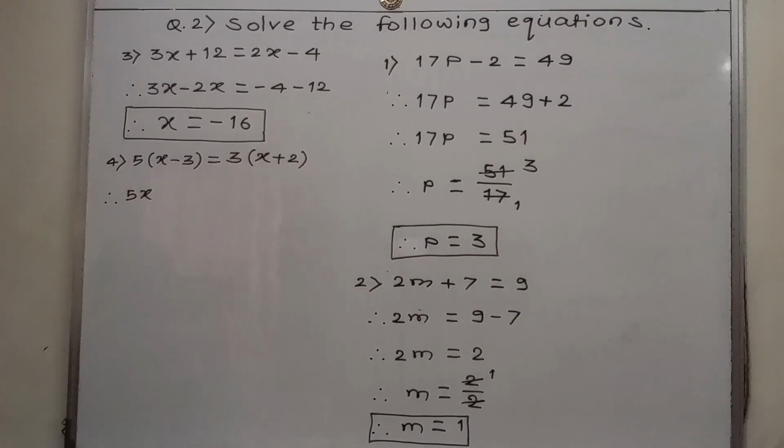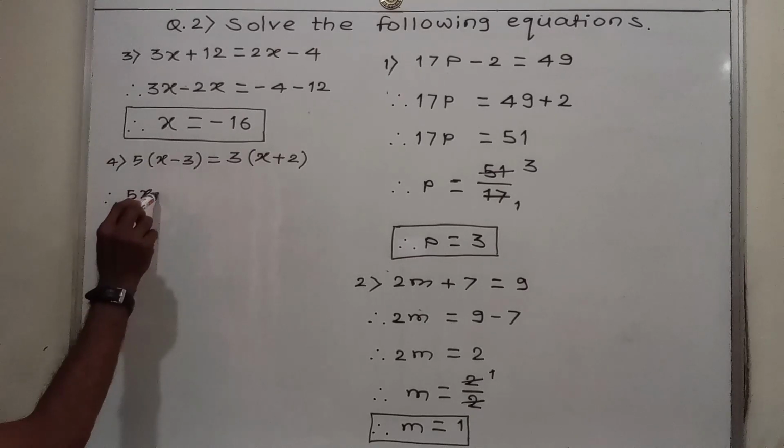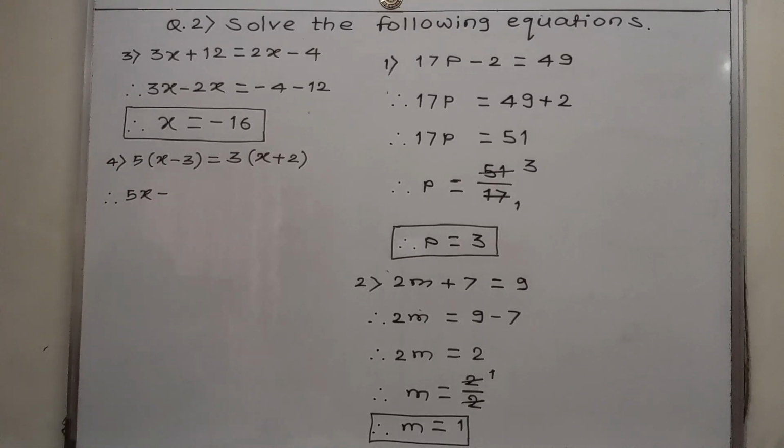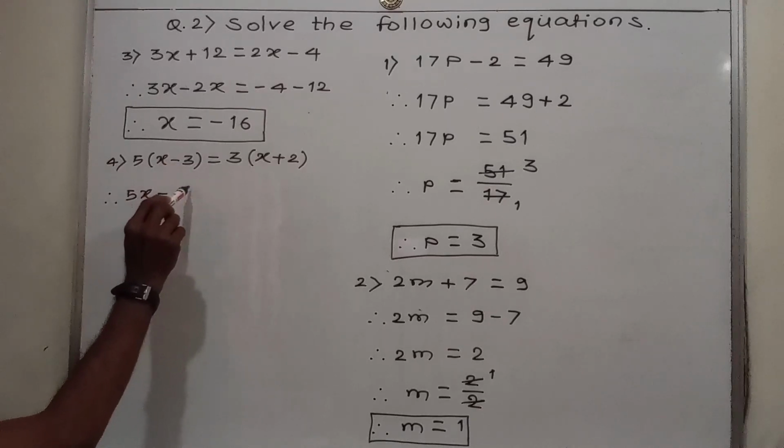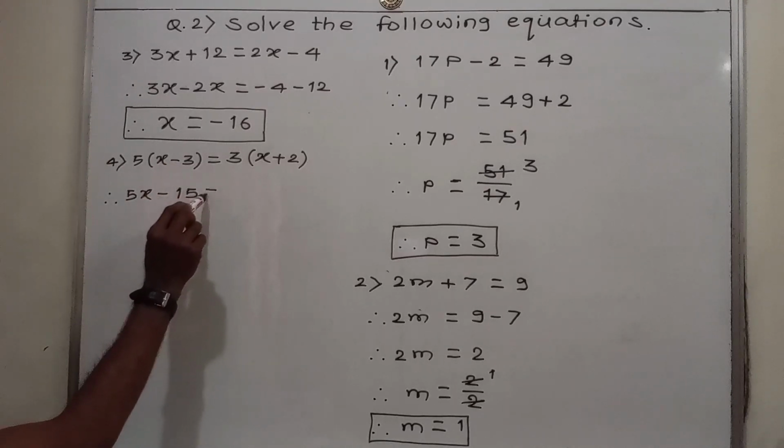Plus into minus, product of opposite signs, minus; minus into plus, minus; product of same signs is always plus, positive. 5 into 3, 15.